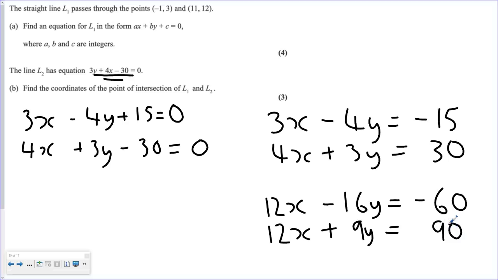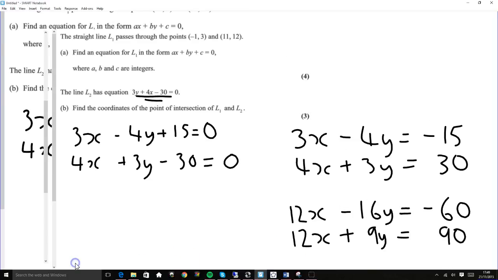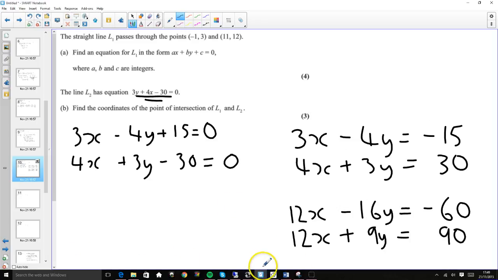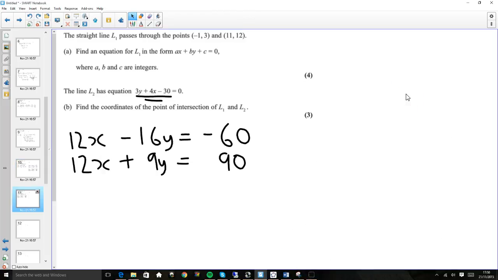Now I'm able to eliminate my y's. I'm going to rewrite the first equation on the top, because it's going to make it a little bit easier for me to deal with.